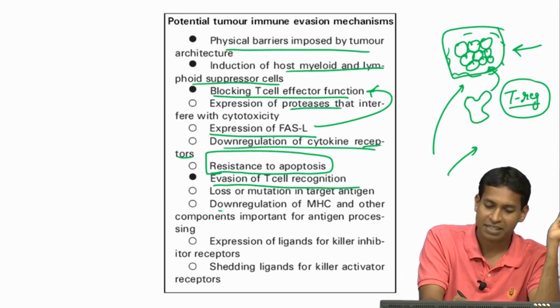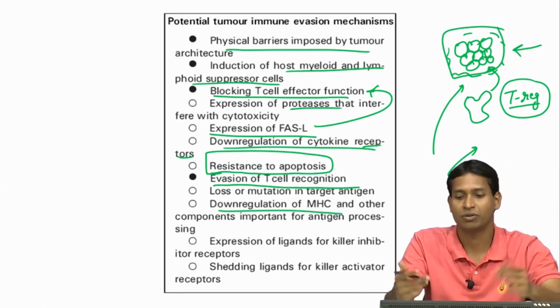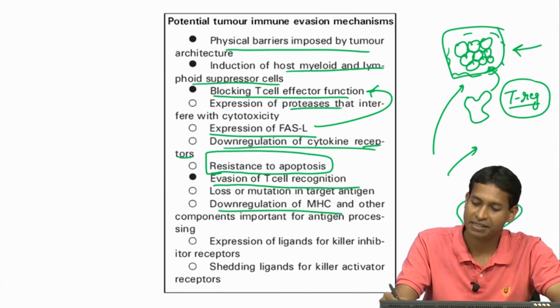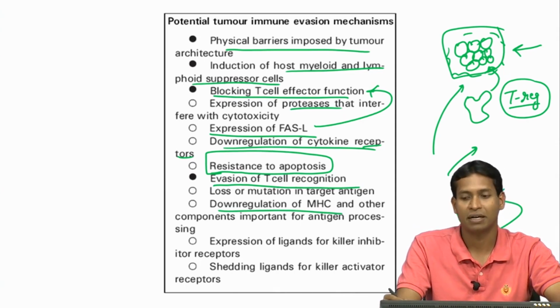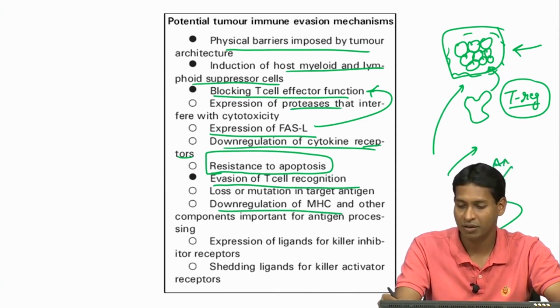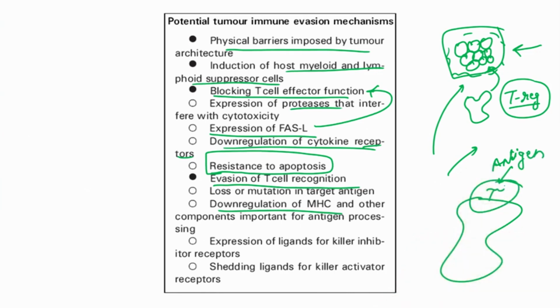It also down regulates some of the MHC molecules, so it does not really process the antigen. Every cell, in mouse, has these MHC molecules that are presenting the antigen, but if the number of these receptors is lower, so let us say there is a certain density of these receptors on most healthy cells, what the tumor does is decrease this number, so that not a whole lot of them are being presented.